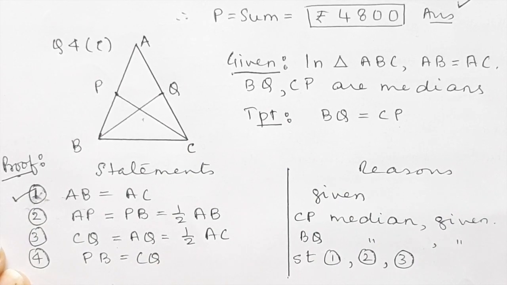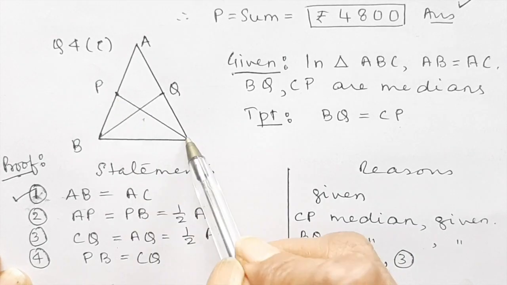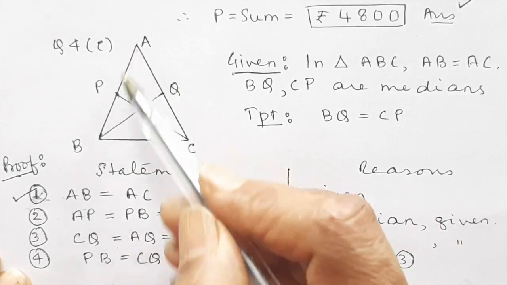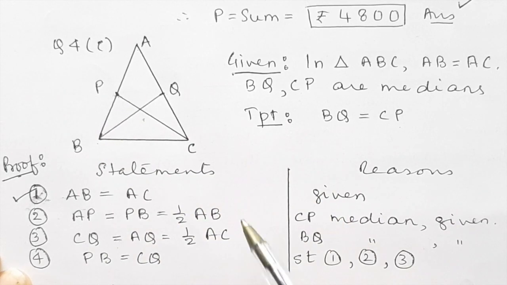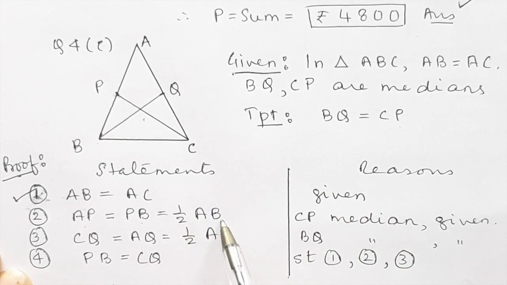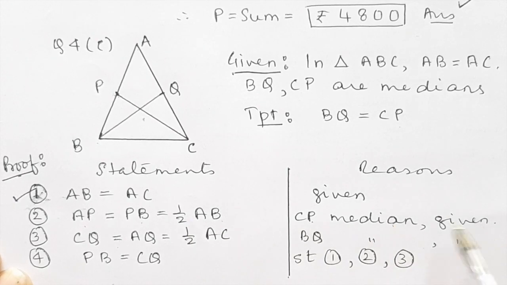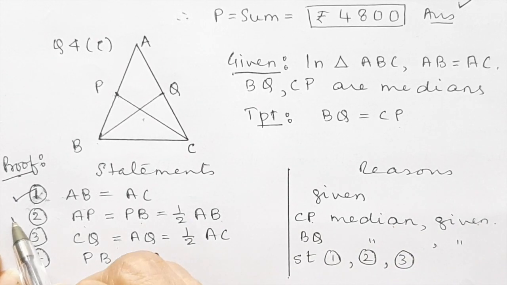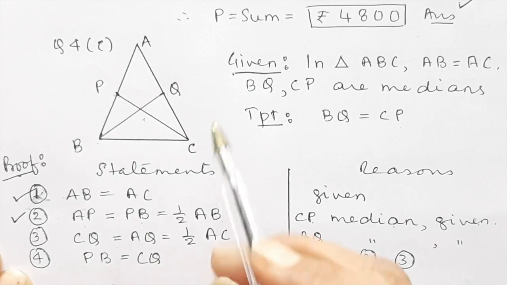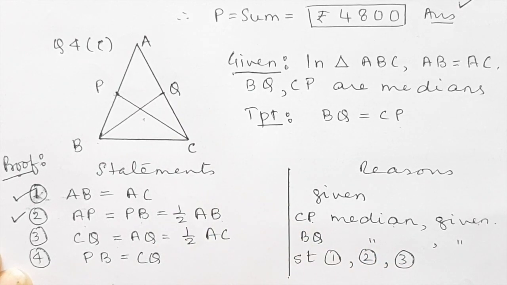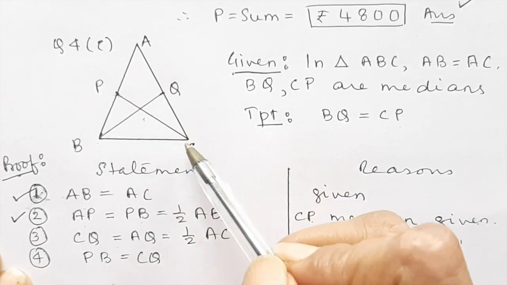So we will just write that. The first statement, we say that AB equal to AC, which is given. Now, if CP is the median, then AP and BP, they are equal. So I'll write AP equal to PB equal to half AB, because CP is the median given. Then BQ also is a median. So AQ and QC.